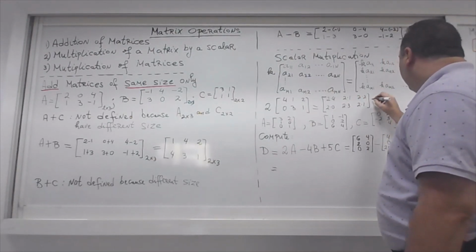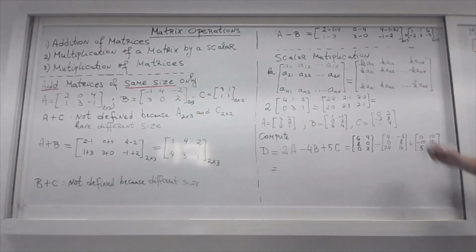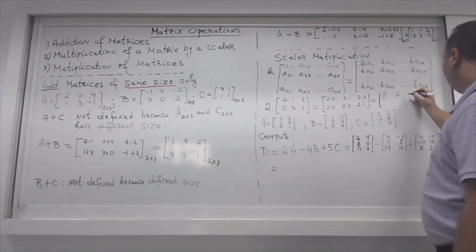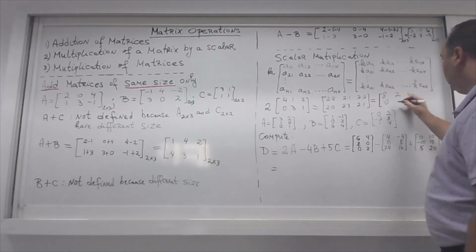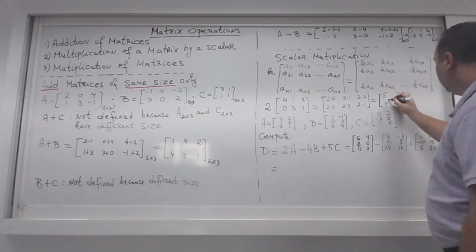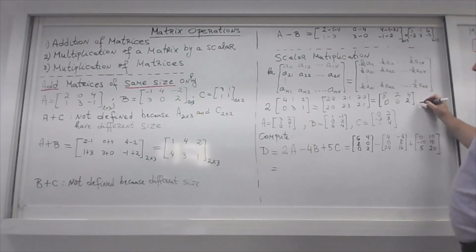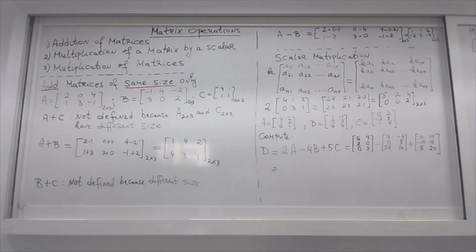So I multiply every single entry by 2, so I get the result 8, 2, 4, 0, 6, 2. So this is still 2 by 3 as original. All I did is just multiply every single entry by the same constant.